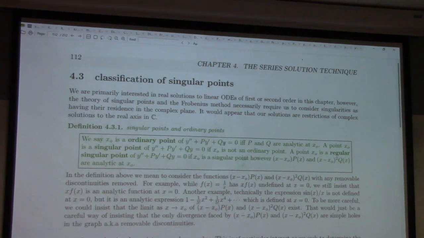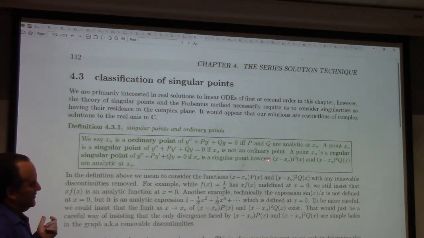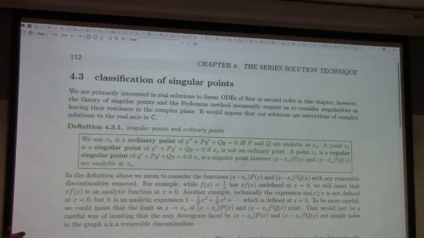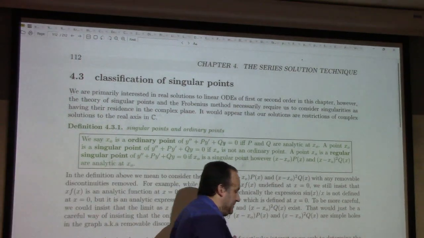We talked about ordinary point before. That means that P and Q are analytic at x naught. It's a singular point if it's not an ordinary point. It's called a regular singular point if when you multiply by x minus x naught the P, and if you multiply by x minus x naught squared the Q, those are analytic at x naught. What that means essentially is that yes, P and Q are divergent at x naught.